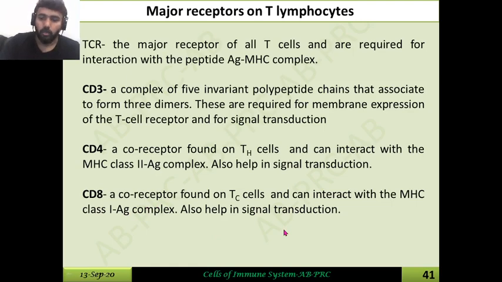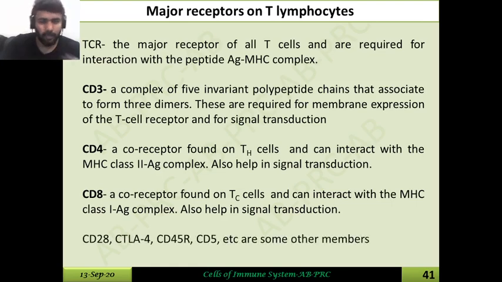So these are the two important receptors that help to differentiate cells into T helper cells and T cytotoxic cells. Then other receptors like CD28, CTLA4, all other receptors are commonly found on the T cell surface. They all help in signal transduction, interaction with the other cells, and also in the activation mechanisms.